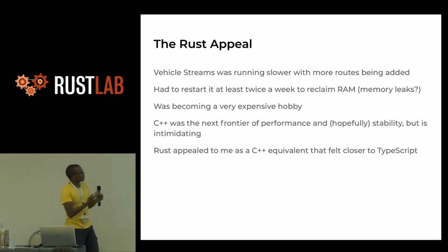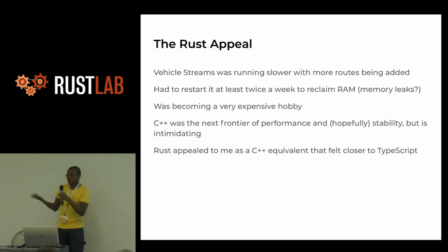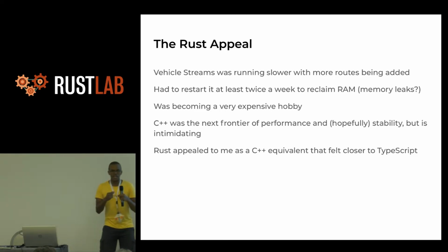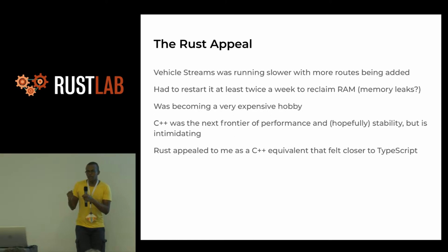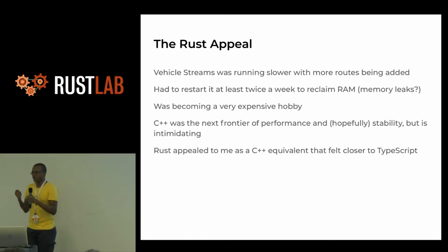So Rust appealed to me as a C++ equivalent that felt closer to TypeScript, because now I've got TypeScript. I sort of get the type stuff, especially when you started programming using the likes of PHP, JavaScript, Python. Types become quite foreign to you. And moving from, let's say, JavaScript to Java, where everything must have a type, it makes it very difficult, and you sort of feel this burden of having to put types everywhere.